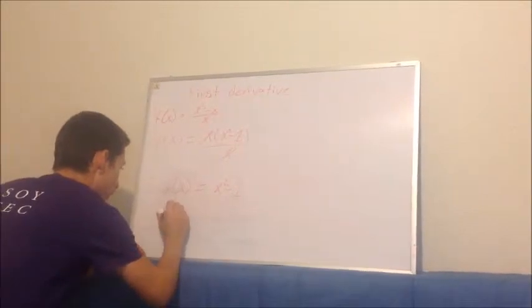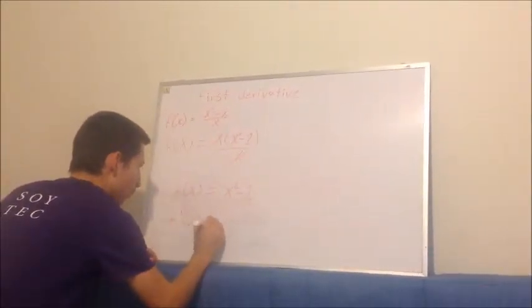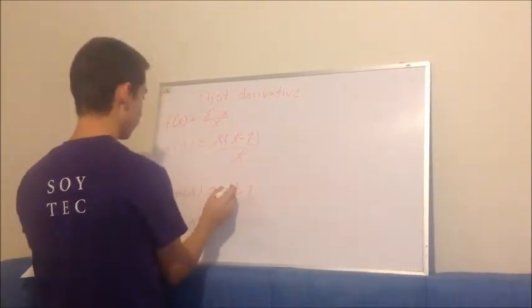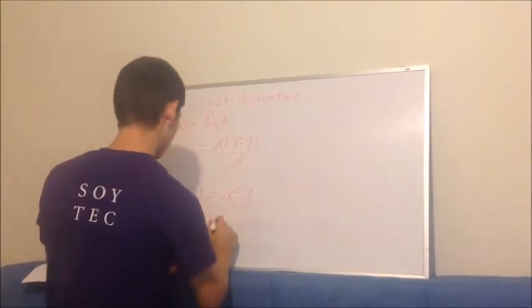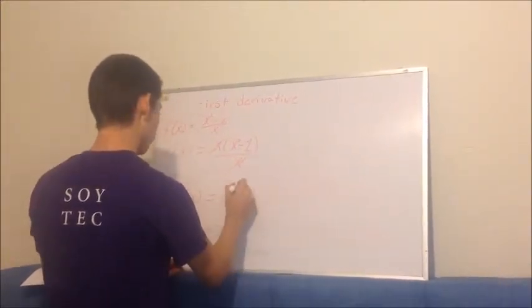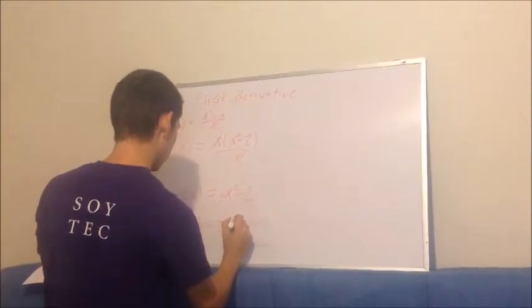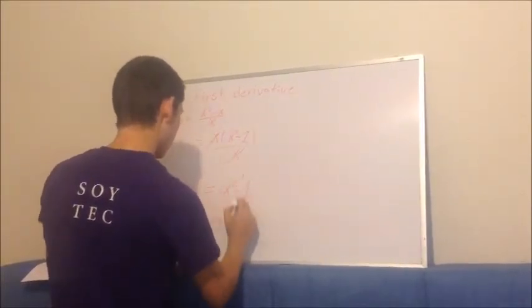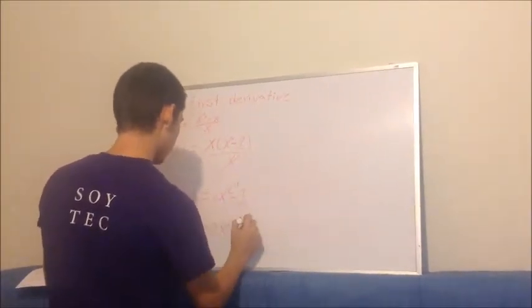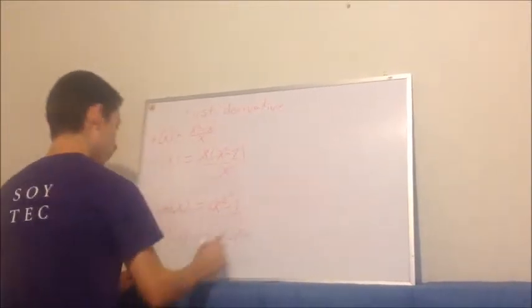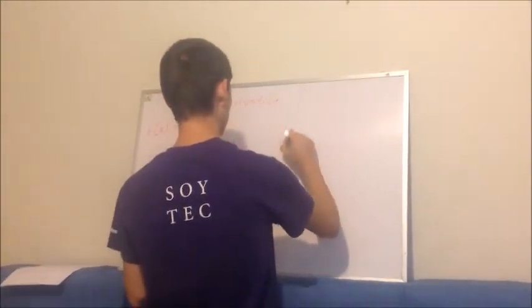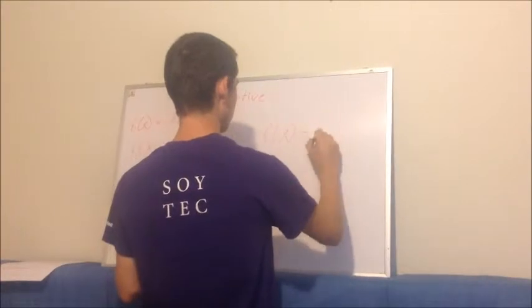This derivative is equal to, passing the exponent down, 2 minus 1 is equal to 1. Minus 1 is a constant whose derivative is equal to 0, and the first derivative is equal to 2x.